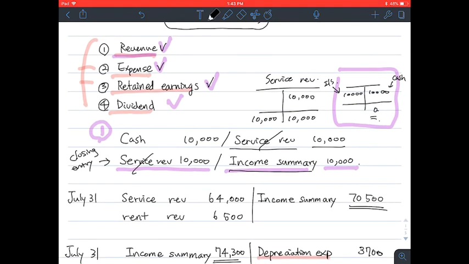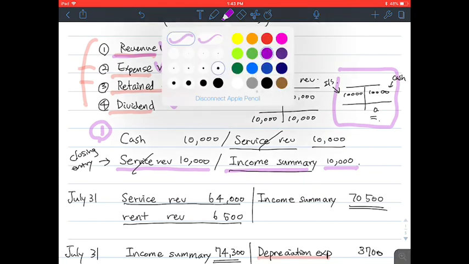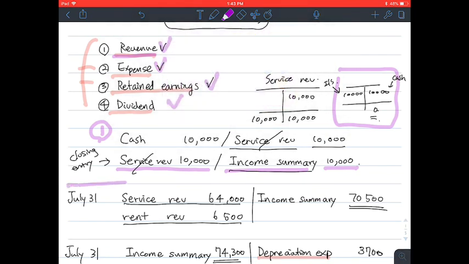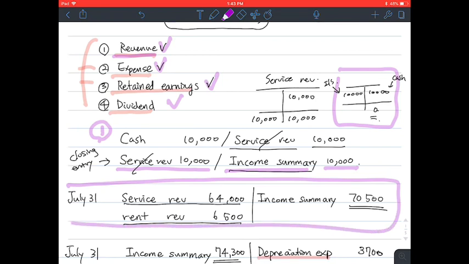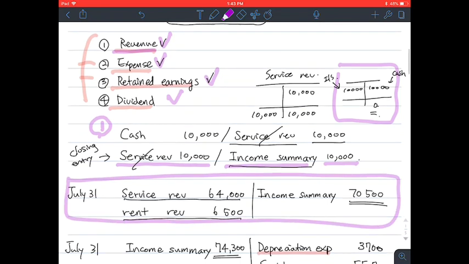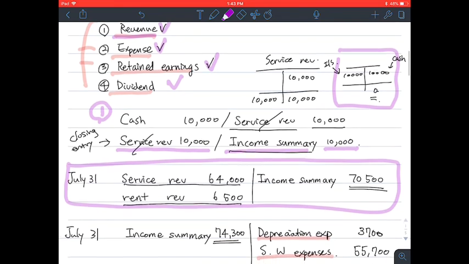For our question, the answer should be like this: service revenue 64,000 on the debit side, rent revenue 6,500 on the debit side, and we put those two together and credit the equal amount of 70,500 on the credit side. So this should be your July 31st first closing entry.